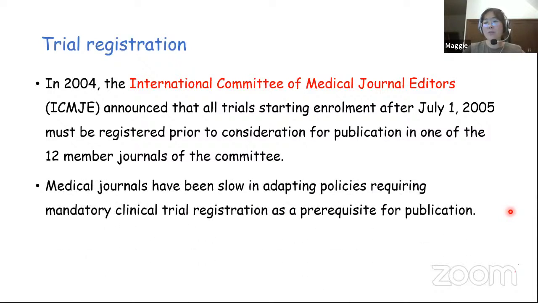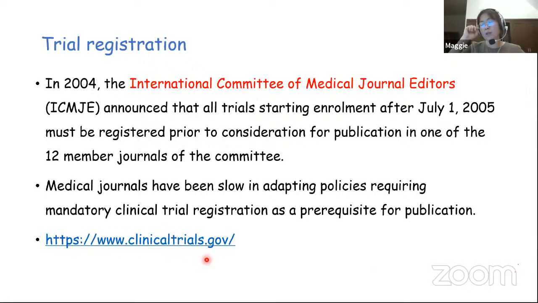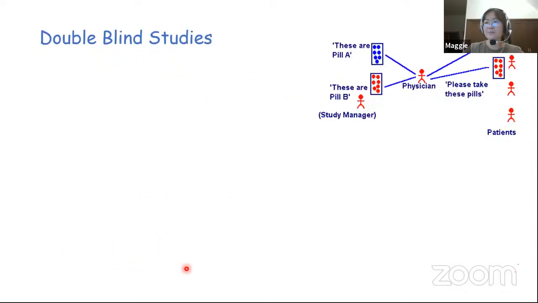Otherwise, you cannot publish in the medical journals. This is the website for the clinical trials. You can go on this website to see the ongoing clinical trials. It has a lot of information about clinical trials.